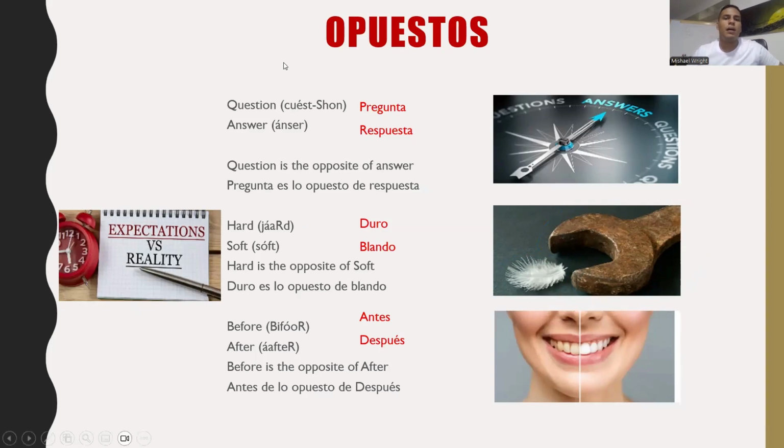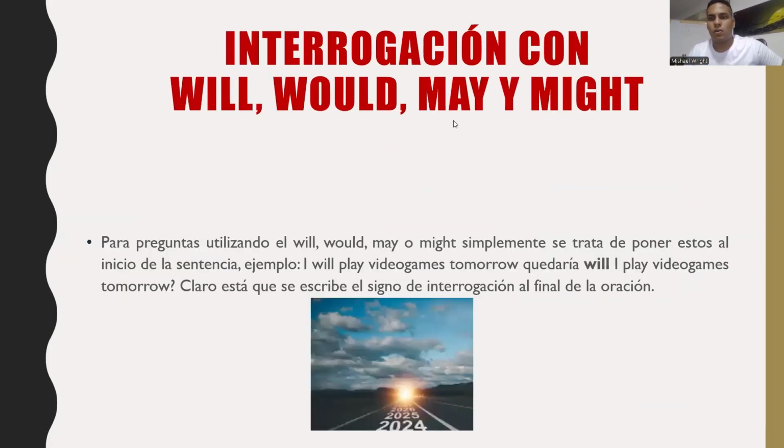Okay. How to ask questions using will, would, may, and might. How can you ask questions using will, would, may, and might? It's simple because you use will, would, may, and might in the same way.